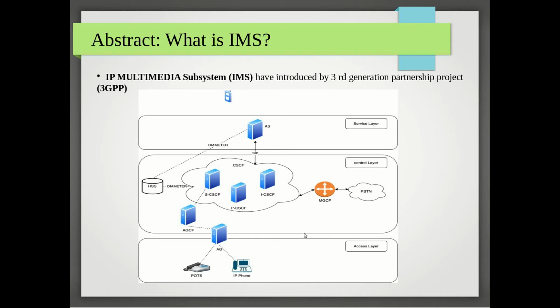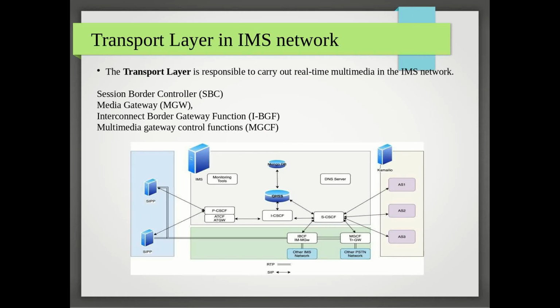In this figure, you can see the 3 layers of the IMS network: access layer, control layer, and service layer. The call session control layer is the heart of the IMS network. The transport layer is responsible for carrying real-time multimedia in the IMS network.